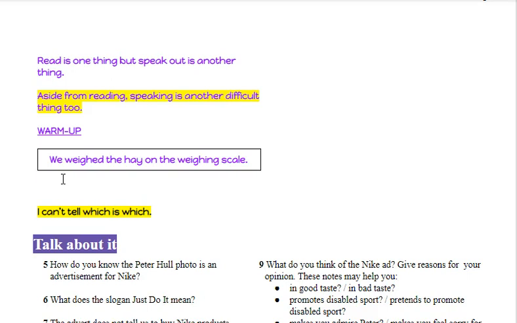How about, okay, let's say you were saying that one like you are so happy, because you've got a new phone. So how can you try to say that? Oh, we weigh the hay, and we weigh the hay on the weighing scale. Is that the way you feel happy?